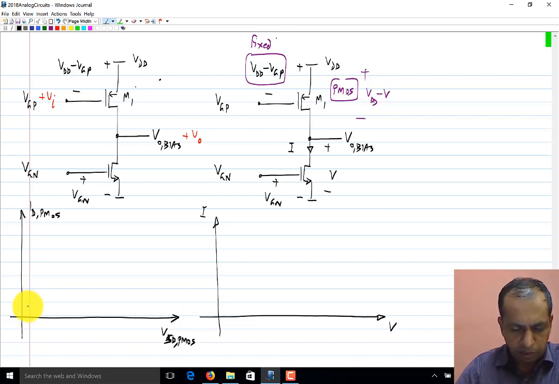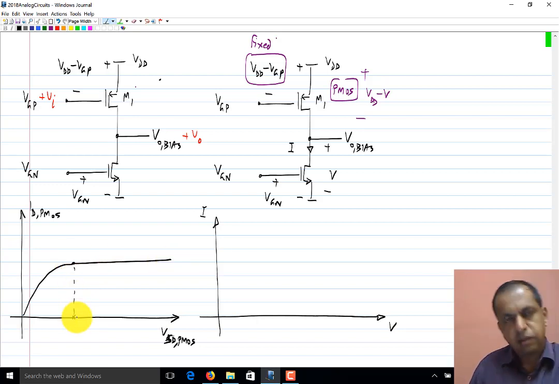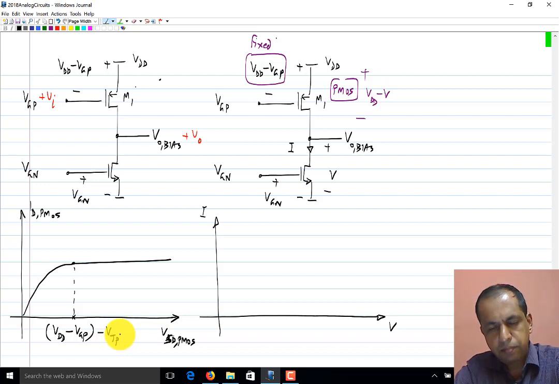This is of course the familiar MOS transistor characteristic. It will be like this with a small slope. This is the boundary between saturation and triode region, and that voltage is given by VDD minus VGP, which is the source gate voltage minus the threshold voltage of the PMOS transistor.